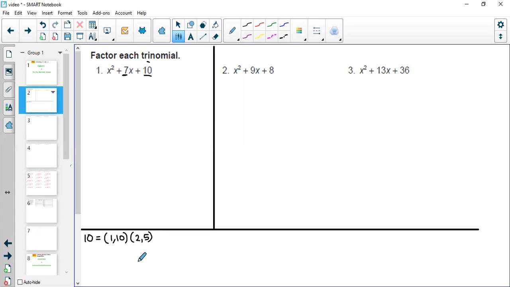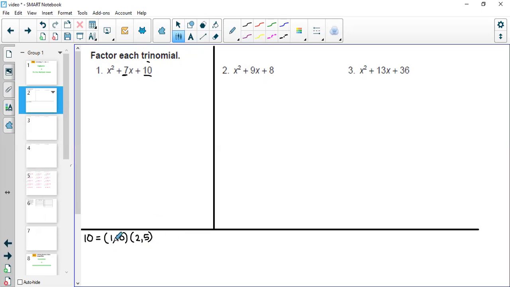Then there is no 10 in the table of 3. There is no 10 in the table of 4. But there is 10 in the table of 5. That's 5 multiplied by 2 is 10. But we've already got these factors, 5, 2 or 2, 5. It means the same. So once the factors get repeated, we just stop there. So the factors of 10 are 1, 10 and 2, 5. These are the pairs of factors.